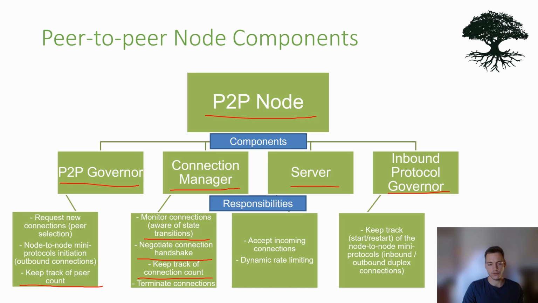It keeps track of the total connection count, and it also is responsible for terminating connections when, for example, the peer-to-peer governor asks the connection manager to terminate a connection.